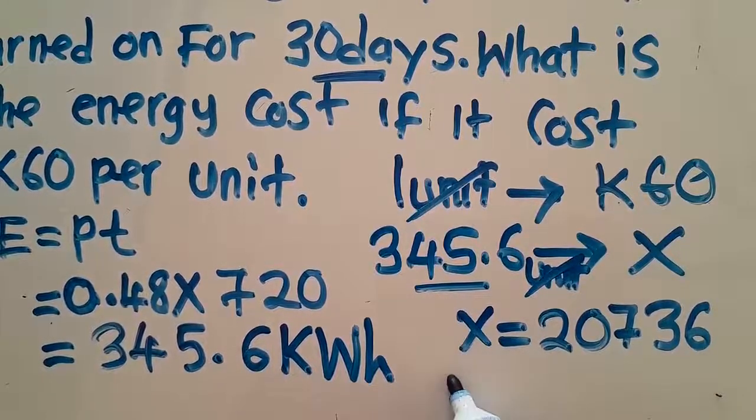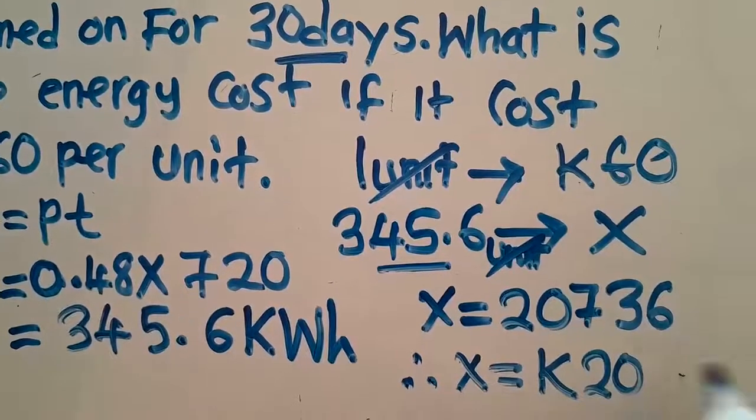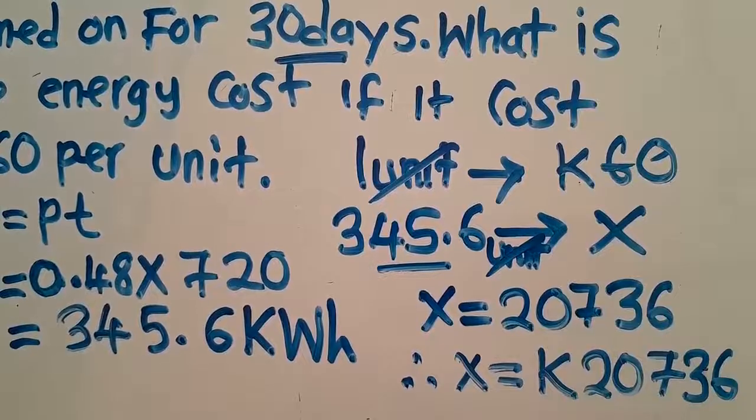So you say, therefore, X, which is the money, is K20,736. This is 20,000, not 2,000. This is how you are supposed to answer the question.